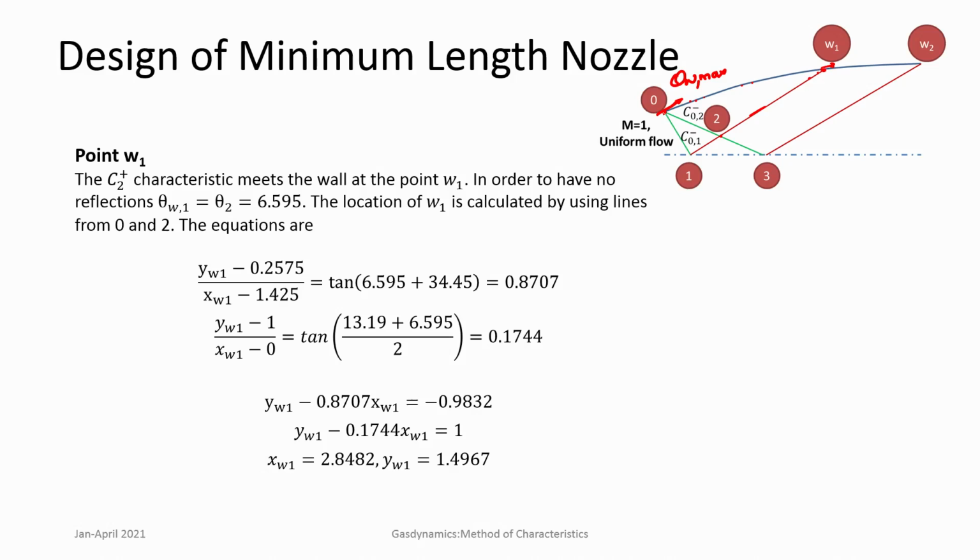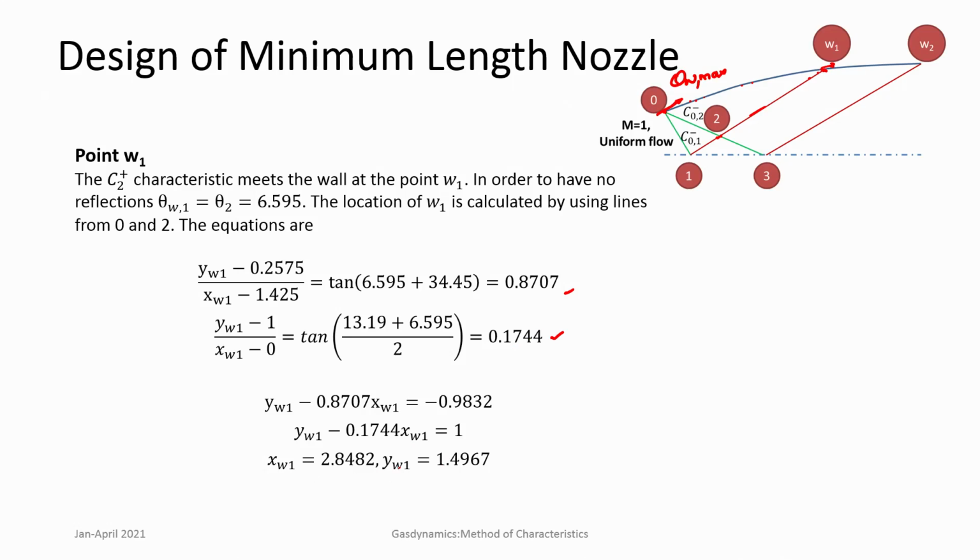But for classwork sake or classroom sake, we will just take simply a fewer number of points, and therefore you just write the equation of the straight line between 0 and W1 and 2 and W1. We take average angles again, and therefore we get these two equations, and the previous values are substituted here, in the locations for points of 2 and 0, and we can get the values of wall as xw1 and yw1.